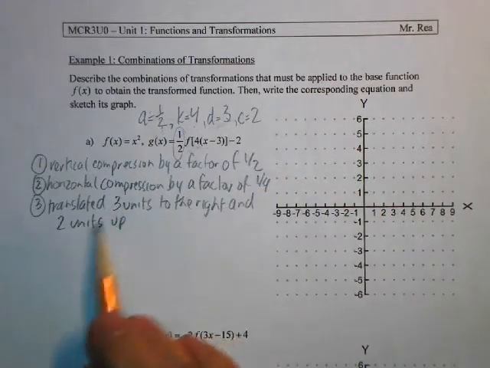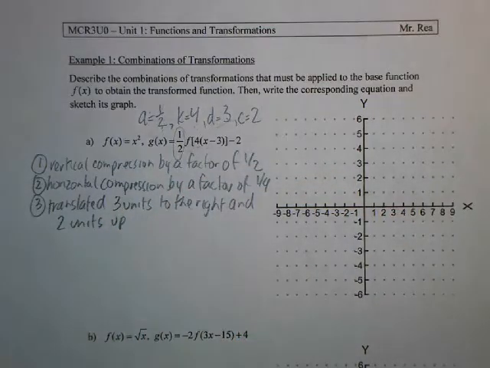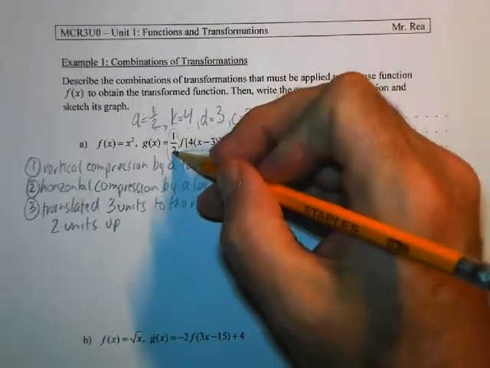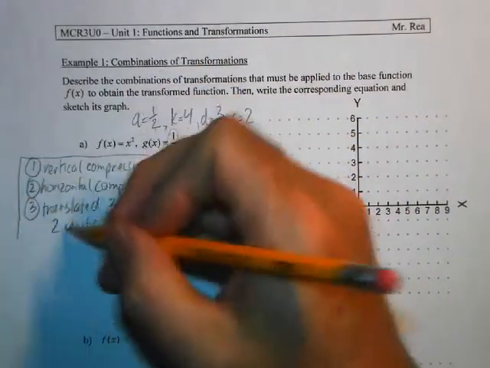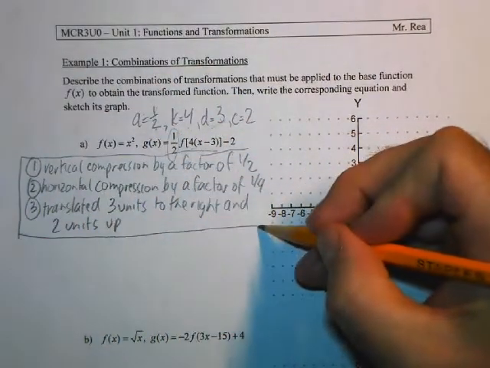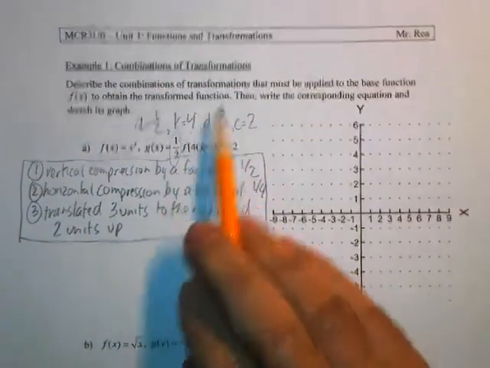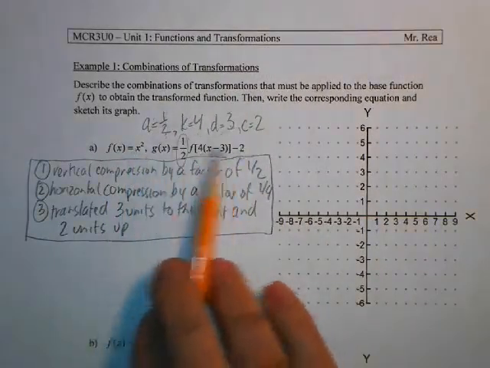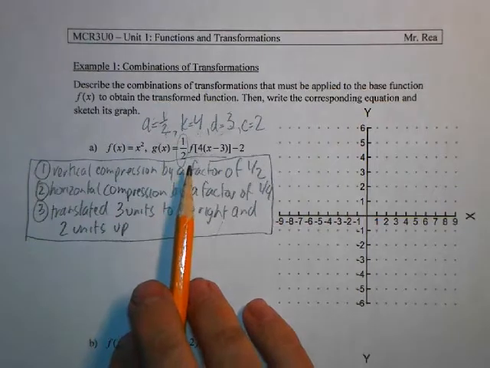Again, it doesn't matter whether you talk about the horizontal or vertical translation first. You can do either one. Okay, so there's our description of the transformations that would be needed to go from f of x, the x squared graph, to this new transformed graph.